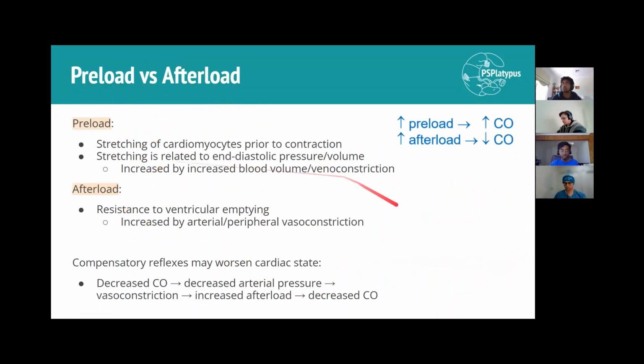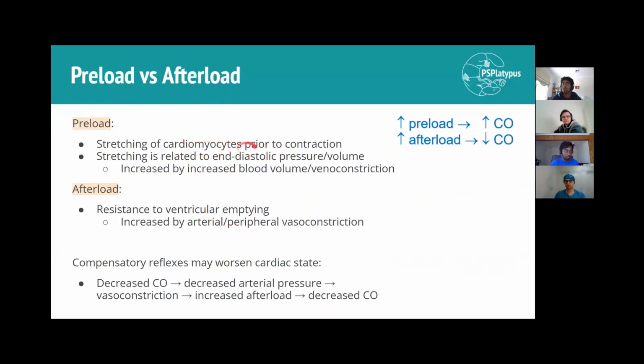In the context of what we're talking about, we want to use the left ventricle as a point of reference for most of these things. So when I talk about preload, I'm thinking about the stretching of the cardiomyocytes prior to contraction.